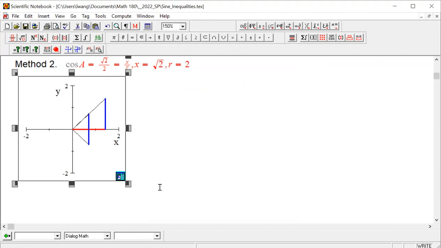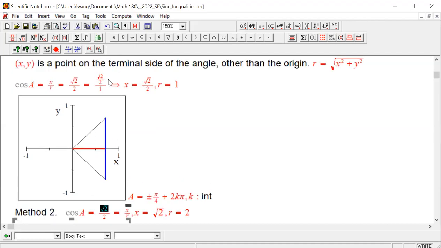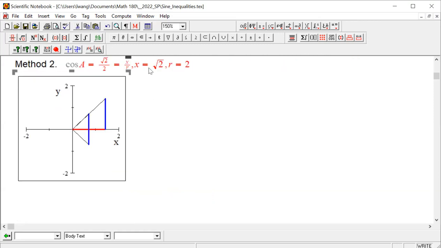Right? You can see that's how it doesn't change the angle. It's going to be the same angle, pi over 4. So it doesn't matter if you take x as root 2 over 2, like in this case, or in this other case you choose x equals root 2, and r will be proportionally larger.